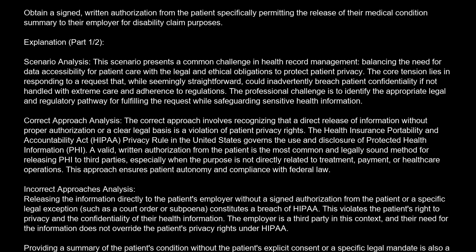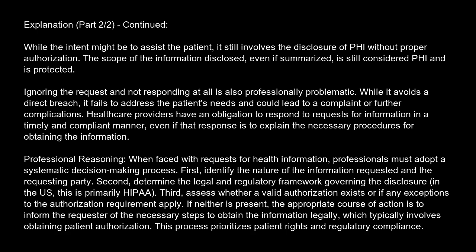Providing a summary of the patient's condition without the patient's explicit consent or a specific legal mandate is also a violation. While the intent might be to assist the patient, it still involves the disclosure of PHI without proper authorization. The scope of the information disclosed, even if summarized, is still considered PHI and is protected.